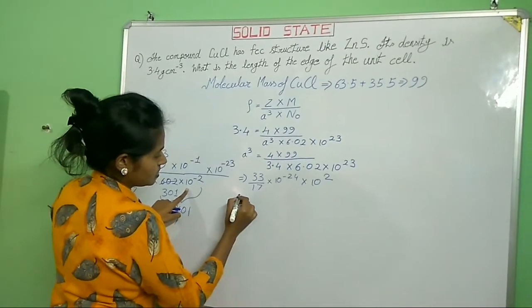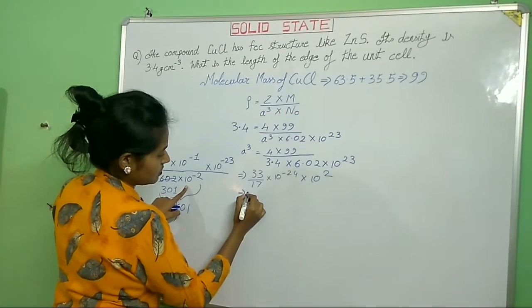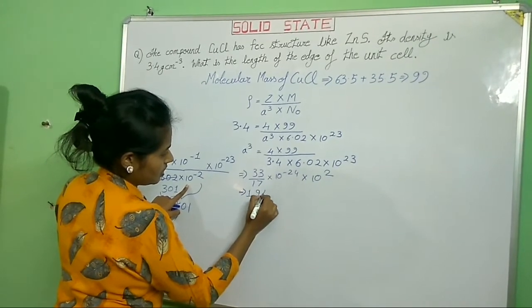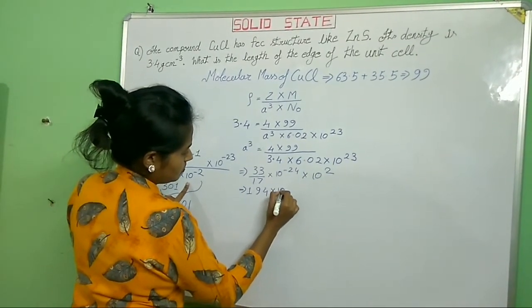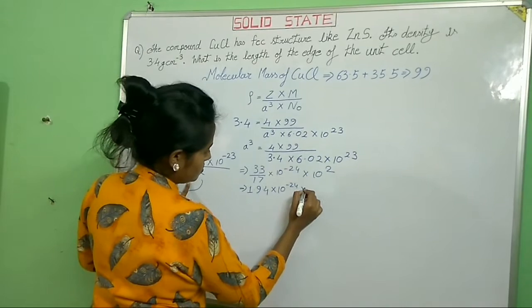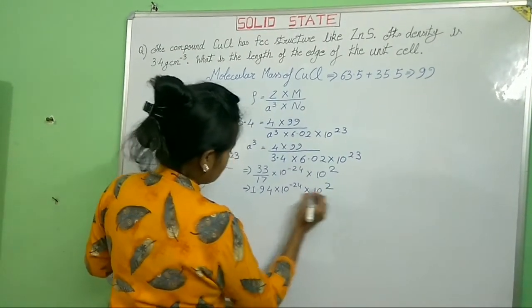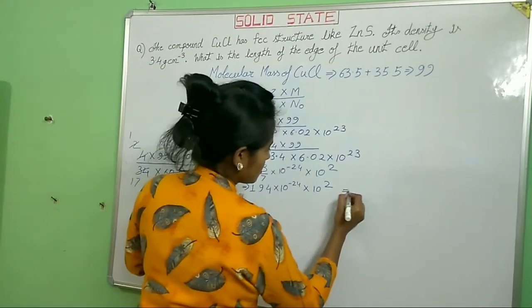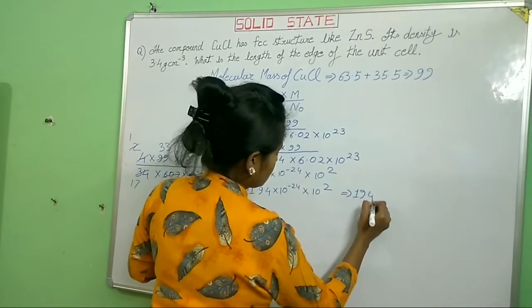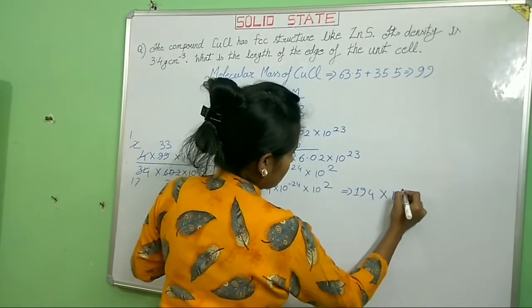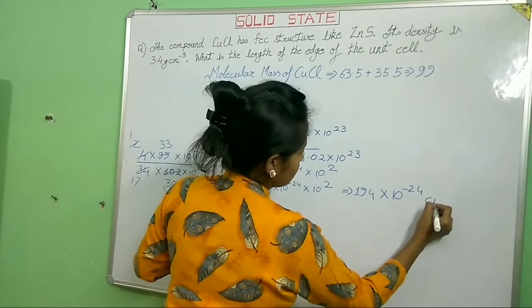If we calculate in the calculator, 33 by 17 is 1.94 into 10 to the power minus 24 into 10 to the power 2. We can also write it as 194 into 10 to the power minus 24 centimeter cube.